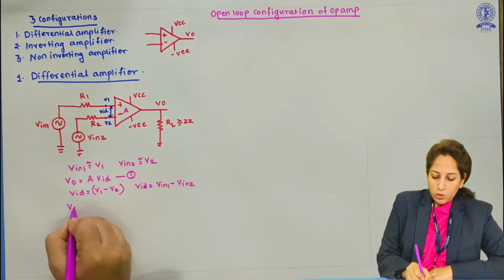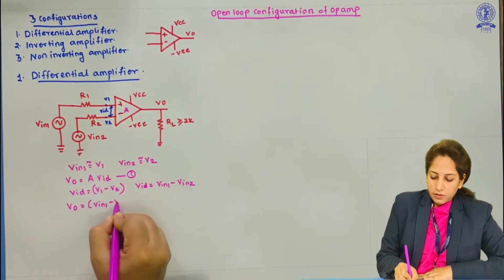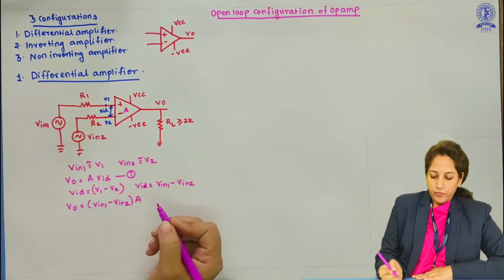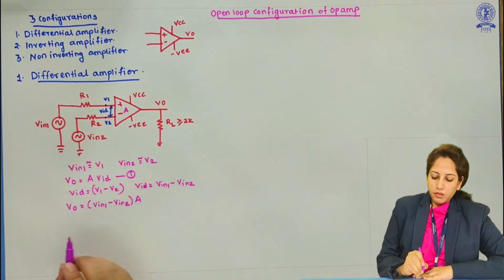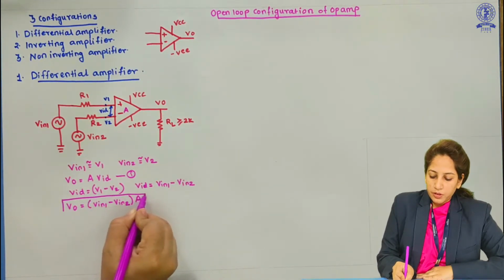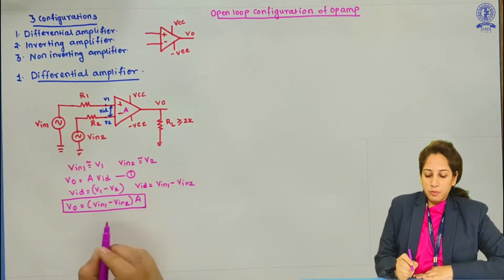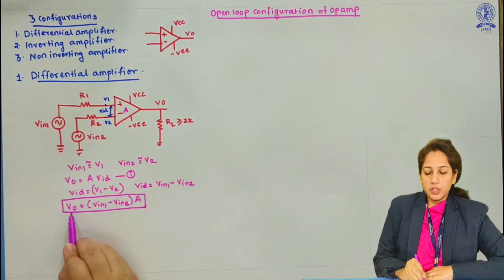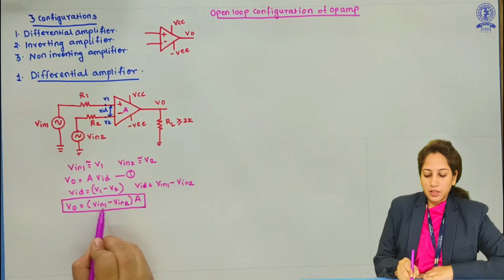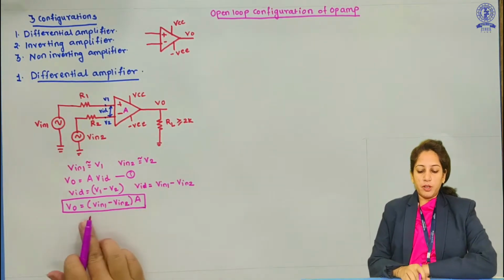So V0 is equal to (Vin1 minus Vin2) into gain, and here is our output formula for our differential amplifier. It means my output voltage is equal to gain into the difference between these two voltages. So in this way we have found a formula.